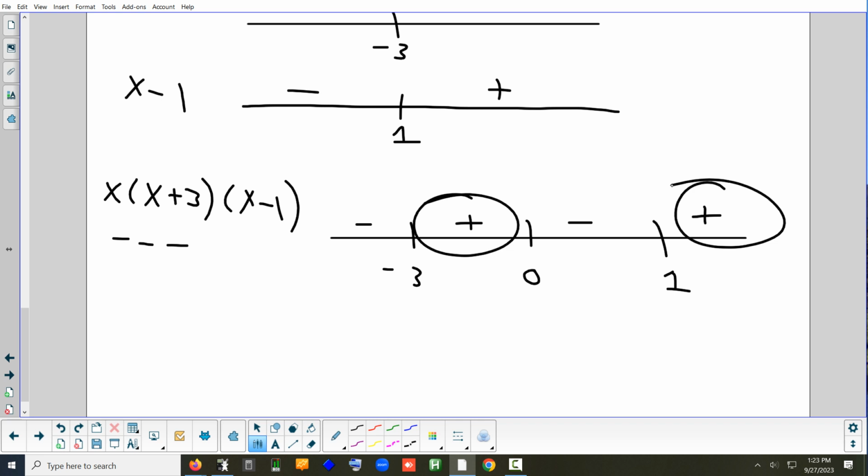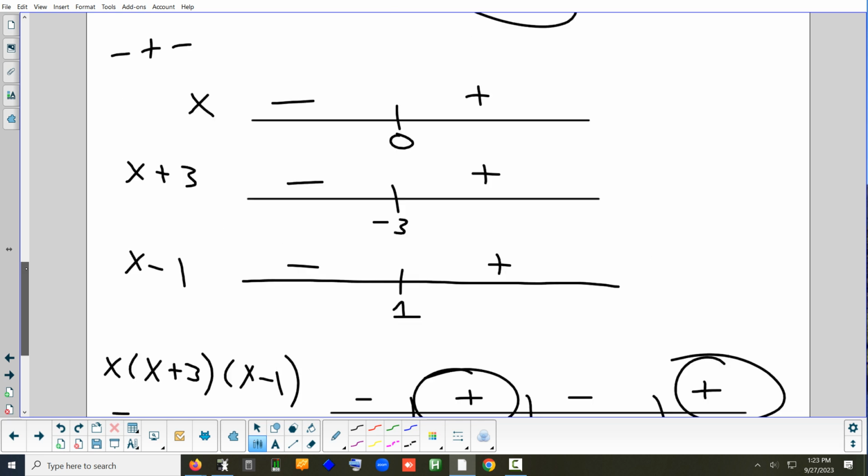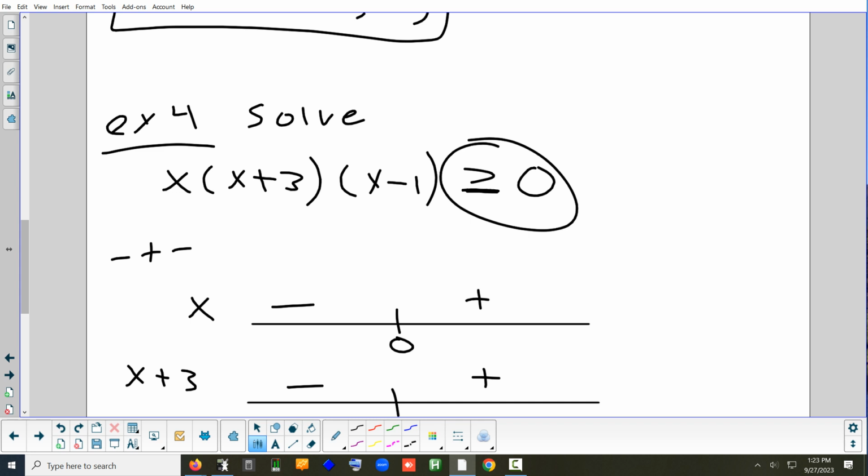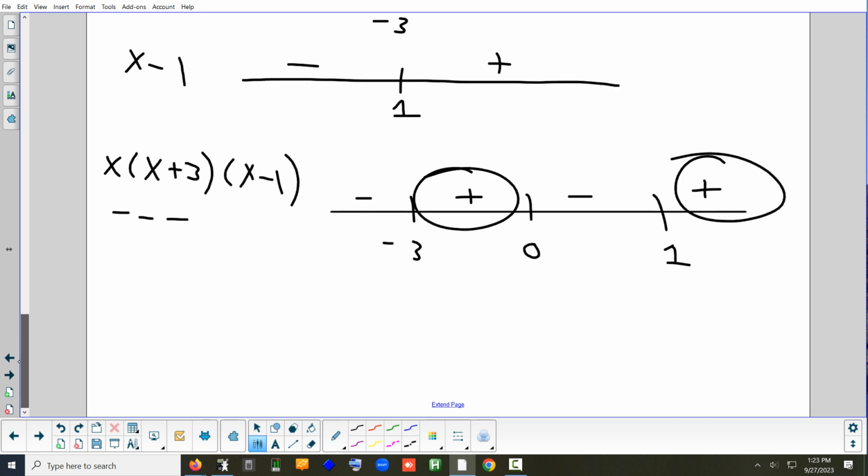Okay. How would we write the interval for the bounded section, keeping in mind we've got the equal to there? Yep. So that describes the first interval. That's a bounded, closed interval. How would you describe the next interval where it's positive?